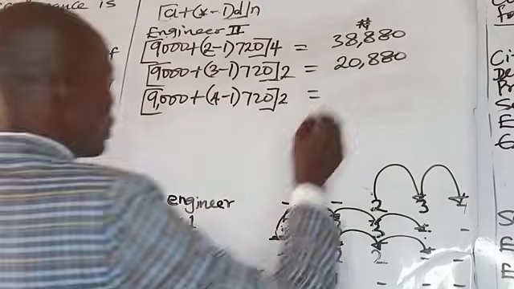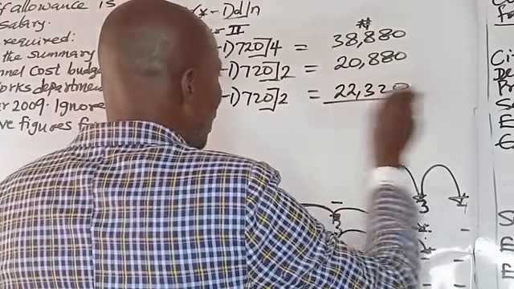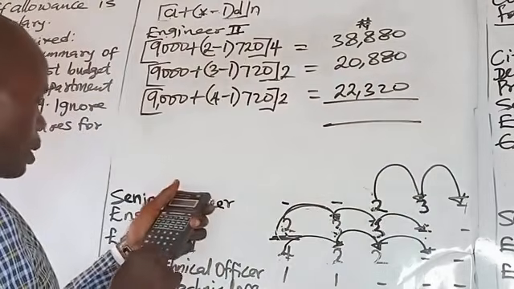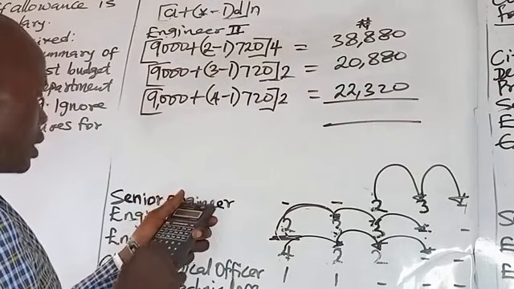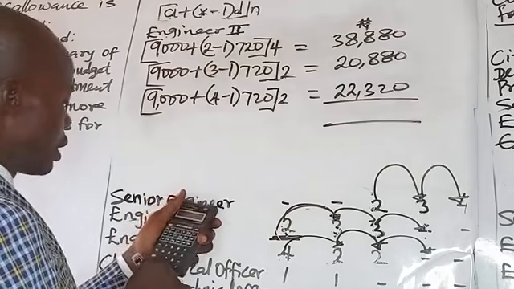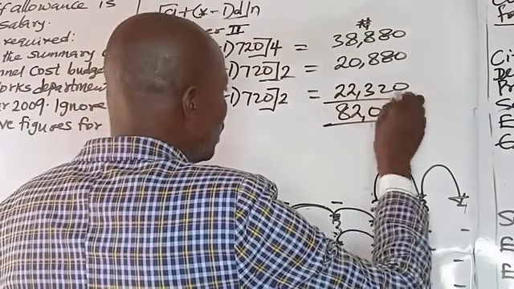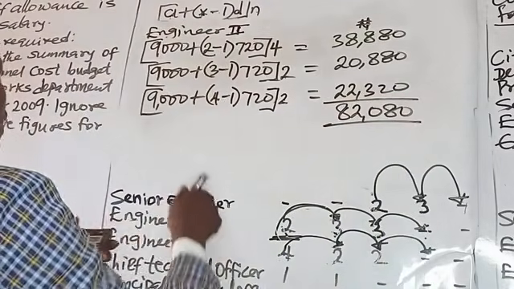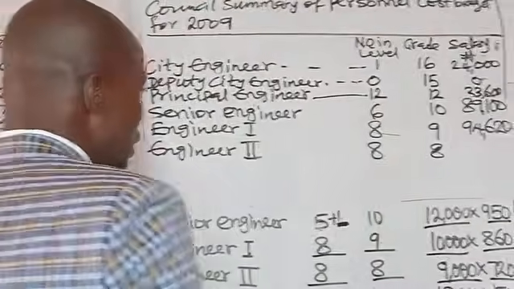So we have 22,320. So now let's sum it up. 22,320 plus 20,880 plus 38,880. Total is 82,080. That is for Engineer 2, 82,080.